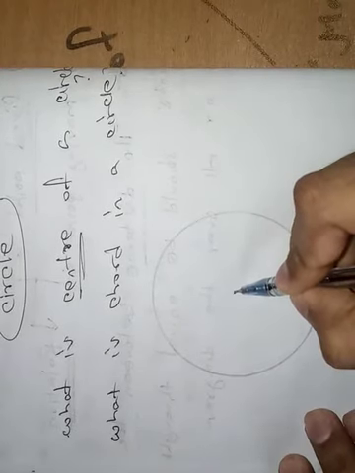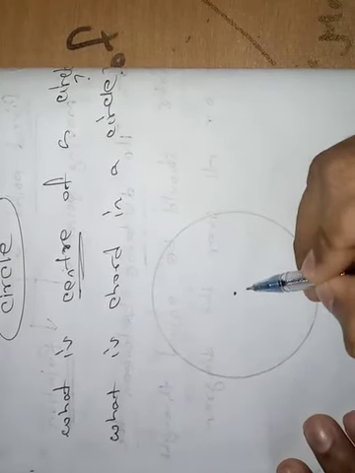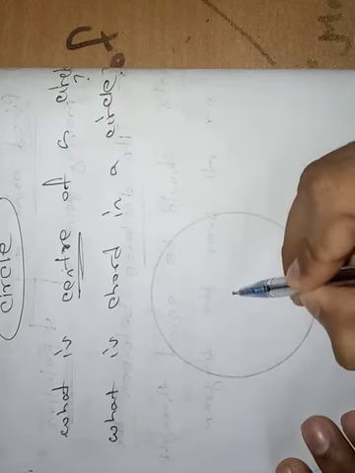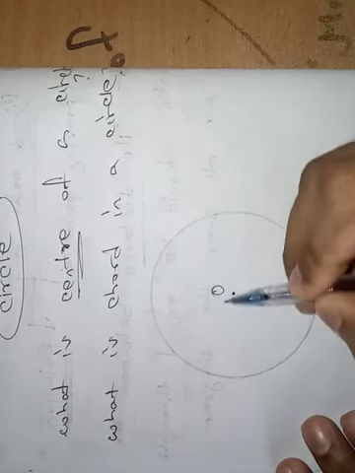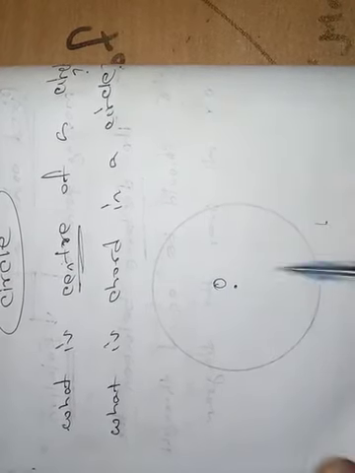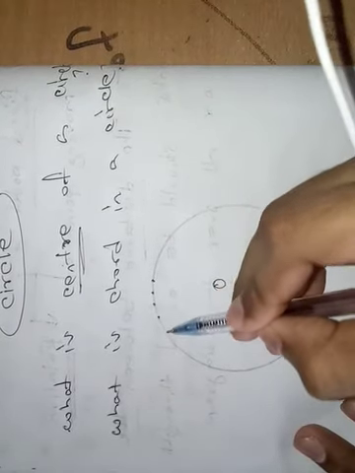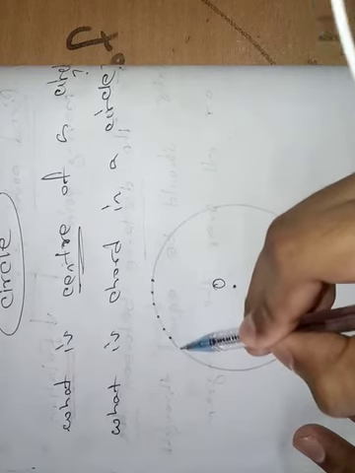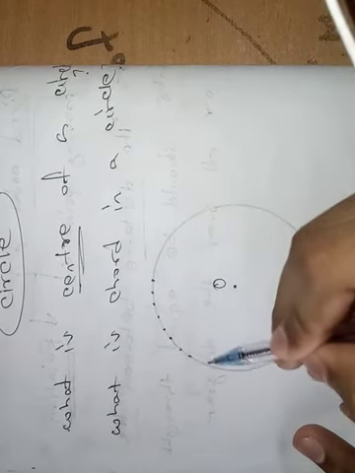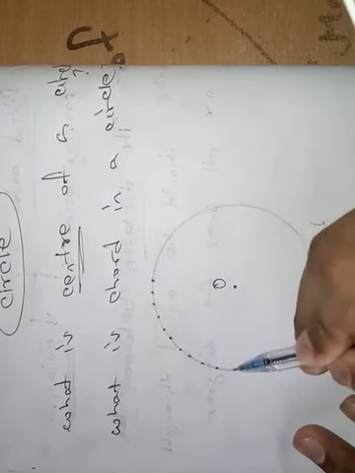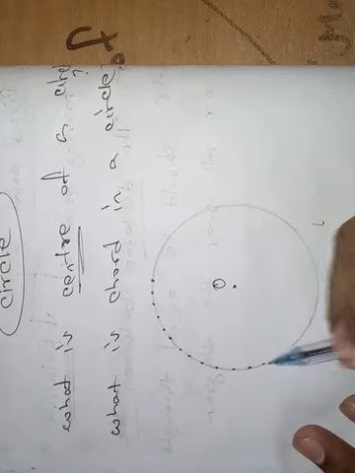This is our fixed point. Let's call that point O. And every point on the surface or boundary of the circle is a moving point.